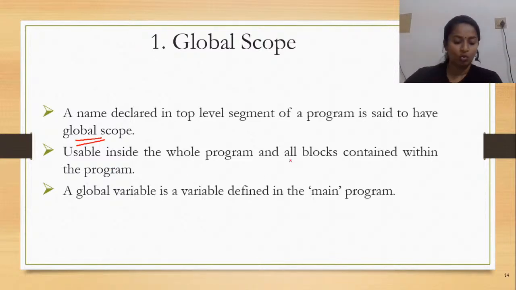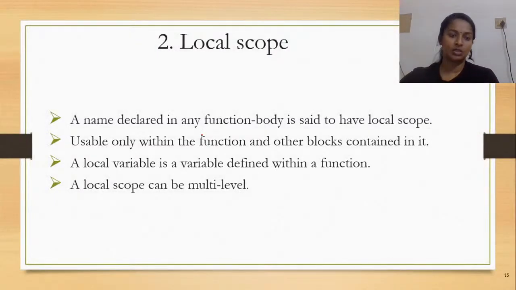If we say from line 1 to line n, that means in whatever blocks are contained inside the program, the name is accessible, right? A global variable is a variable defined in the main program. So this is what we meant by the top level segment. Is the idea clear?